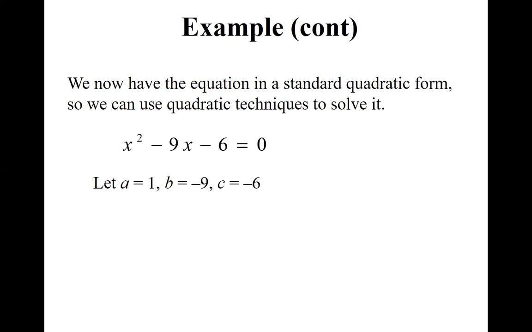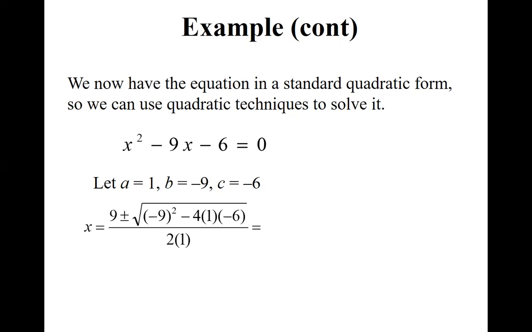We can't factor it, so we have to use the quadratic formula. We also could complete the square if we wanted to. We'll get the same answers. Maybe make that an exercise. Plug in the values. Get 81 plus 24 under the radical. That's radical 105.